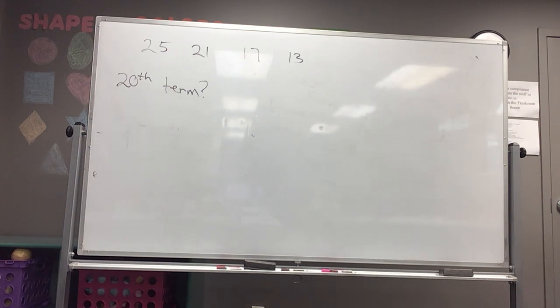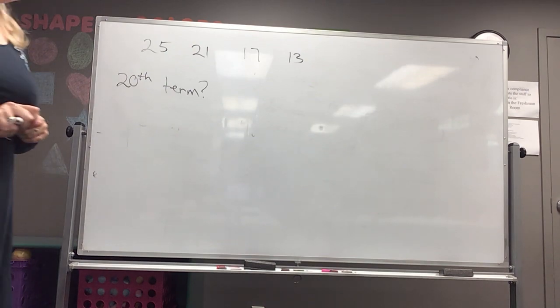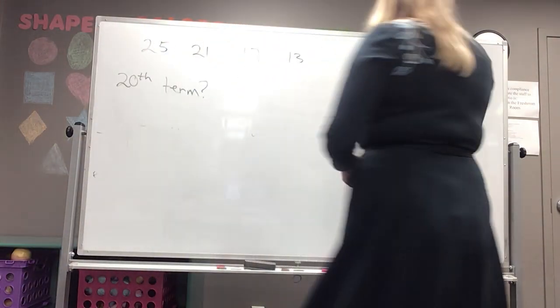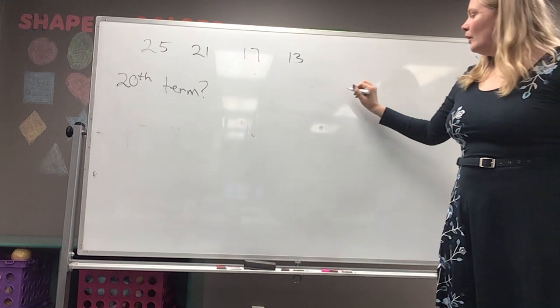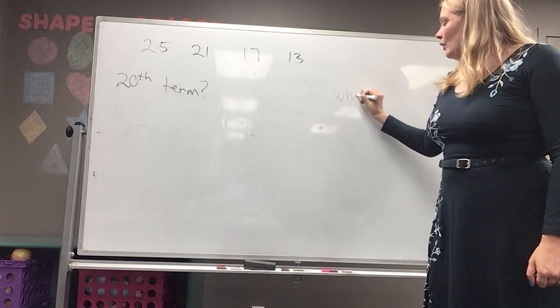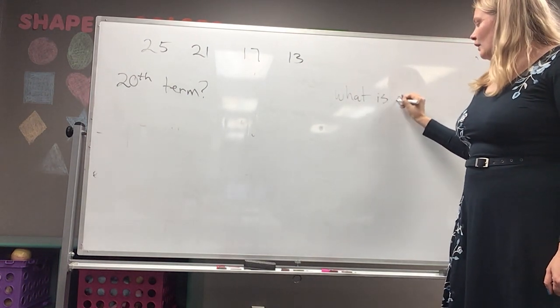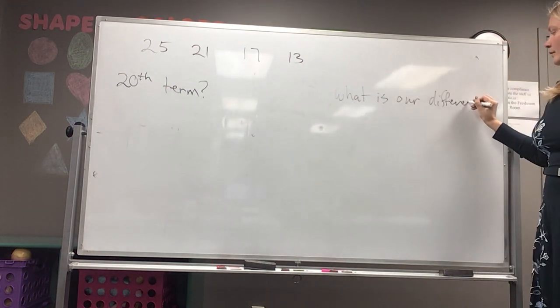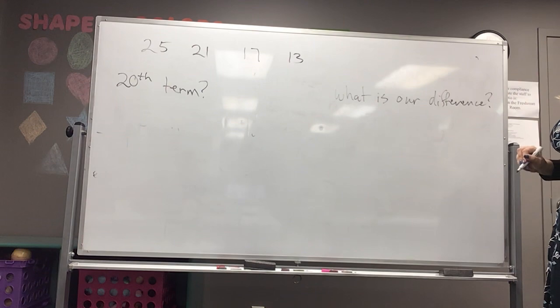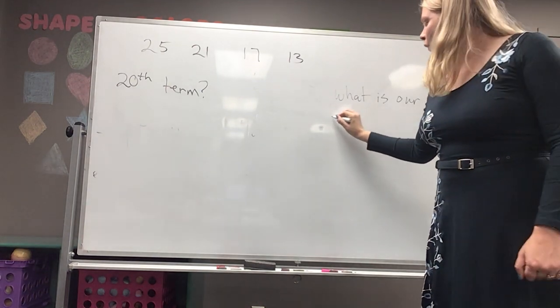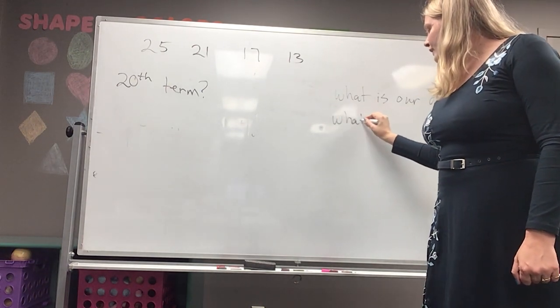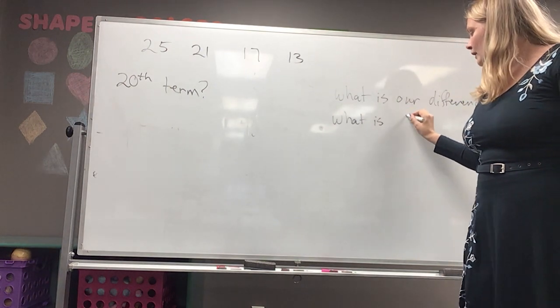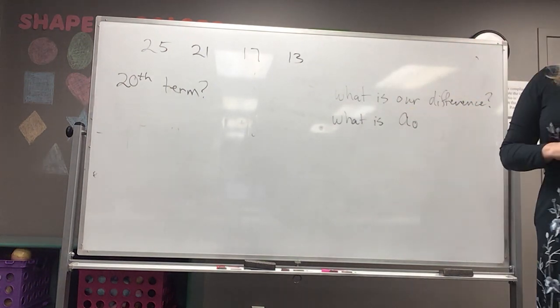If you can do it on your own, go ahead and leap forward. The 3 hints that I will give you are, what is our difference? What is a sub 0?